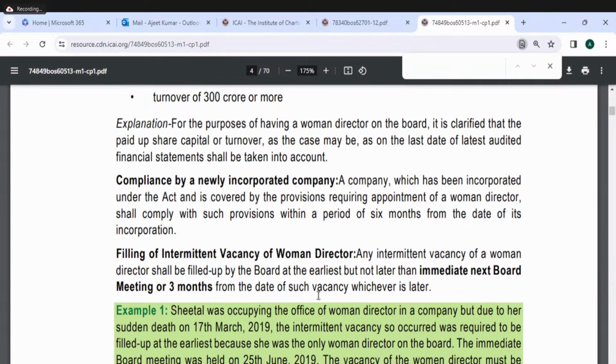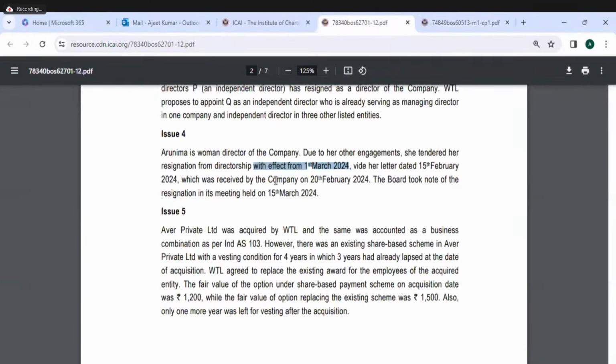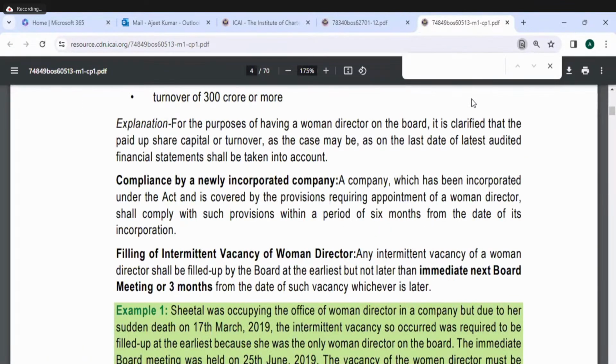If I calculate 3 months from there, I will get 1st June. Now I have to compare two dates: 15th March or 1st June, whichever is later. So what is obviously later? The later date is 1st June 2024.